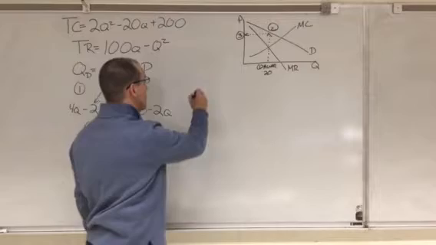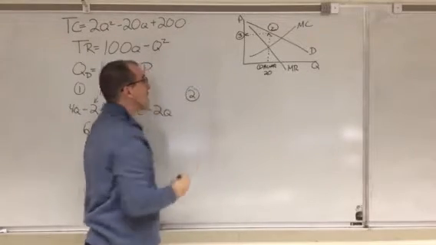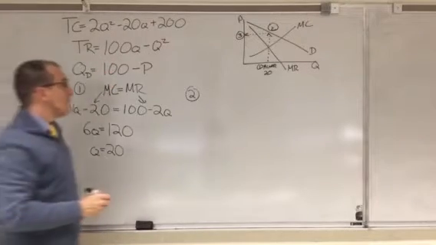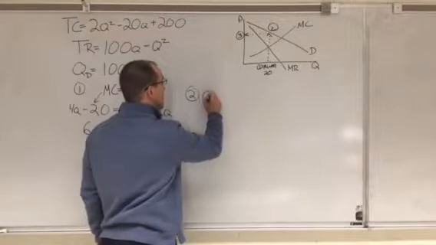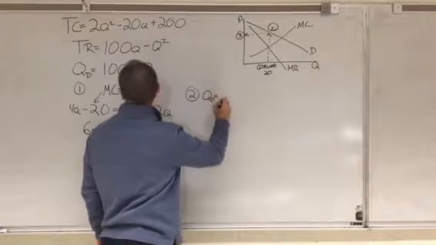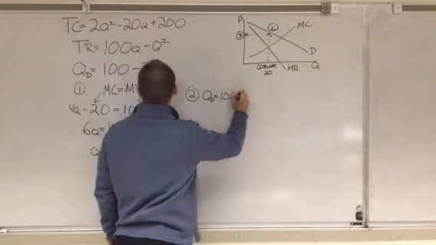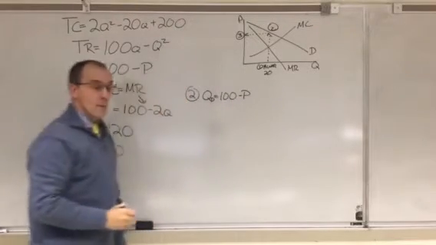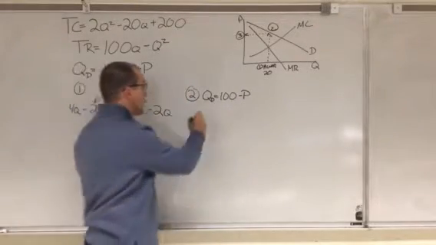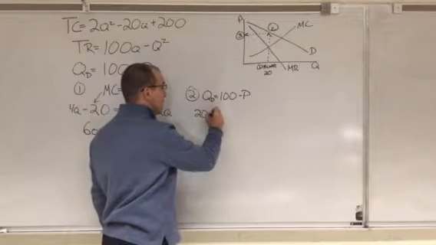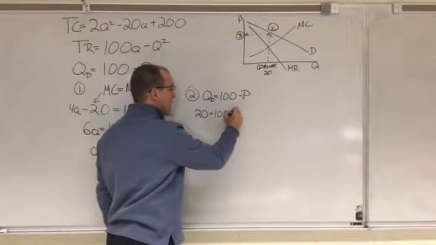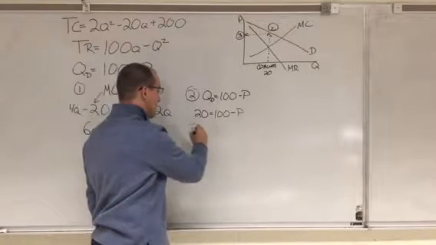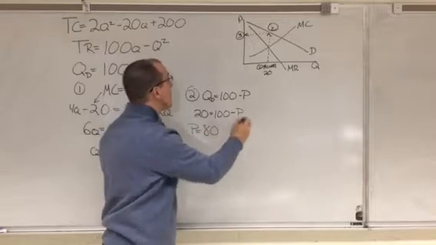So I will take my quantity and plug it into my demand curve. My demand curve is Q demand equals 100 minus P. I substitute in the 20 for the quantity: 20 equals 100 minus P, and this will give me a price of 80.